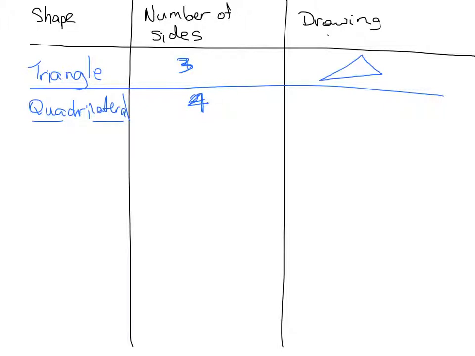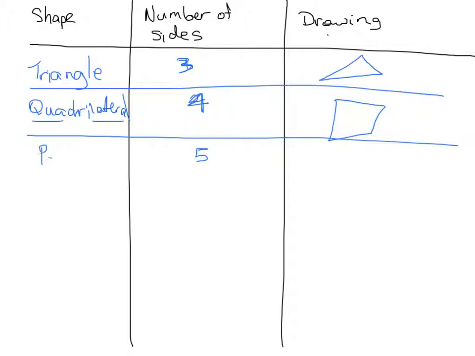All kinds of 4-sided figures are out there, but I'll just draw some strange irregular shape there. That's my quadrilateral. All right, next we have 5 sides, and 5 sides is a pentagon. The easiest pentagon to draw looks kind of like a house. All right, so that's my 5-sided figure.